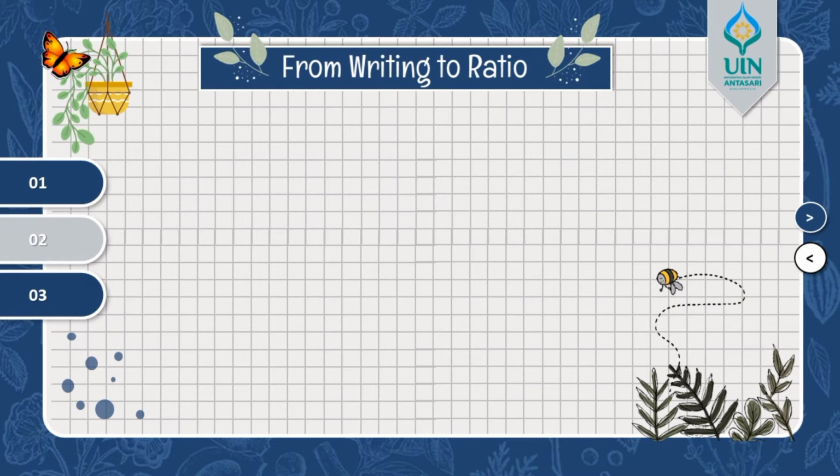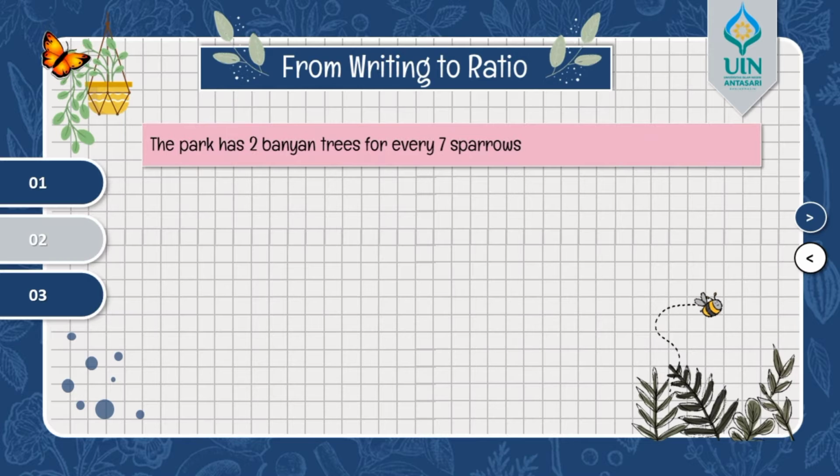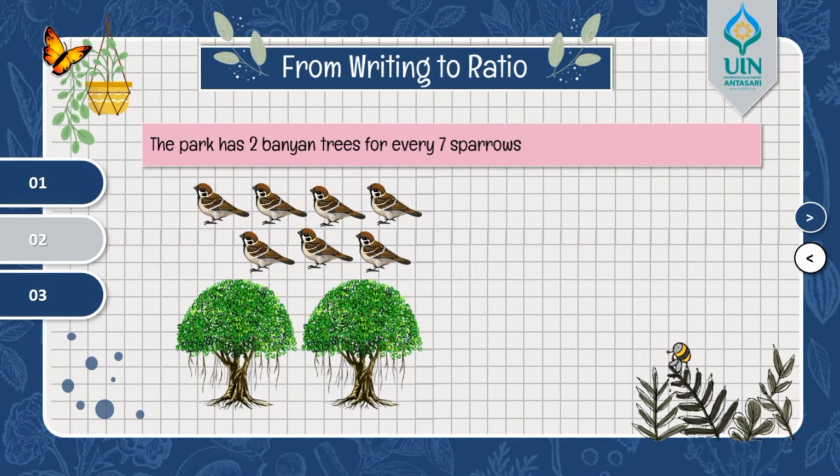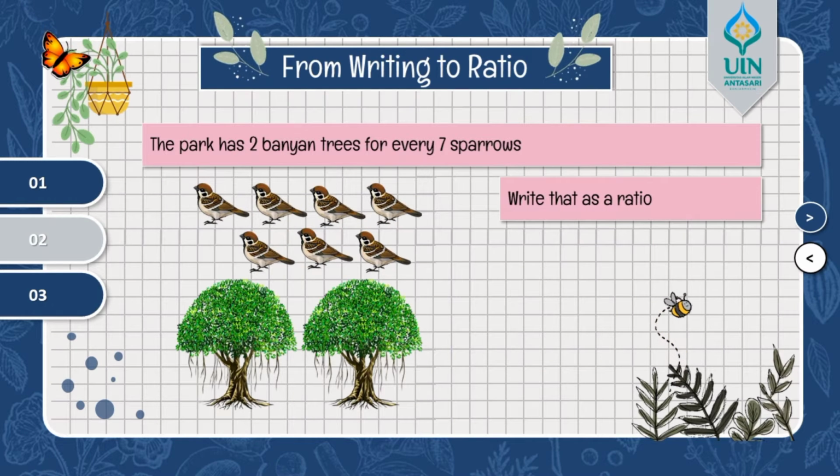So, let's do a quick simple word problem. The park has 2 banyan trees for every 7 sparrows. Write that as a ratio. So, it's a ratio of 2 banyan trees to 7 sparrows.